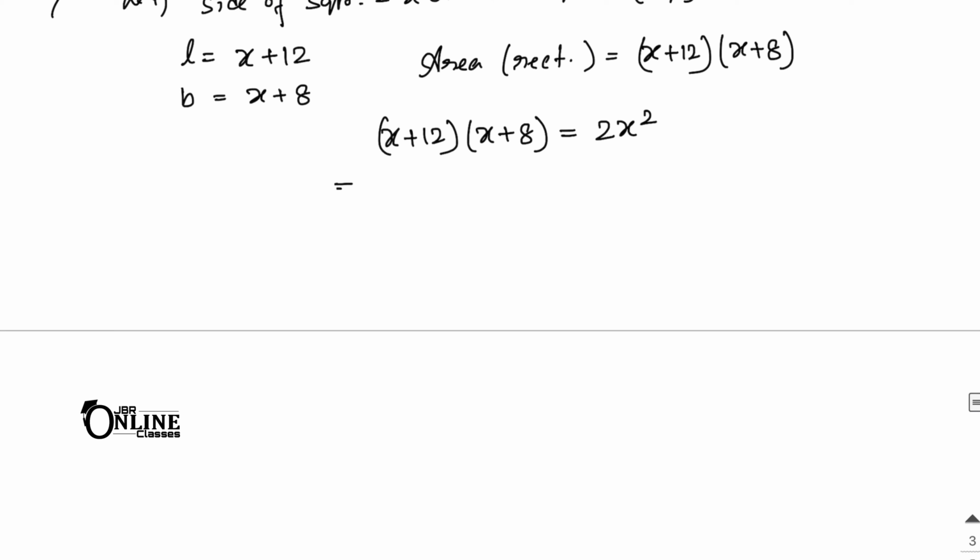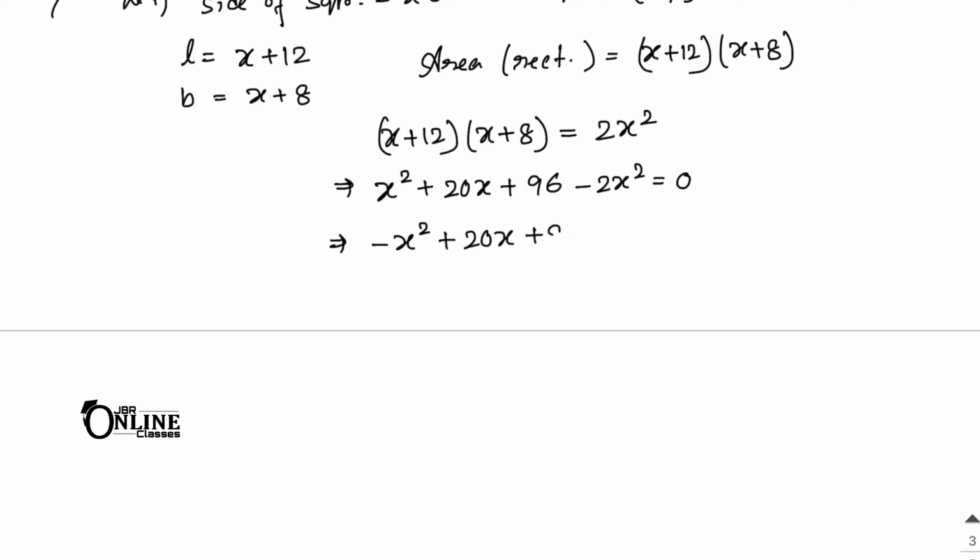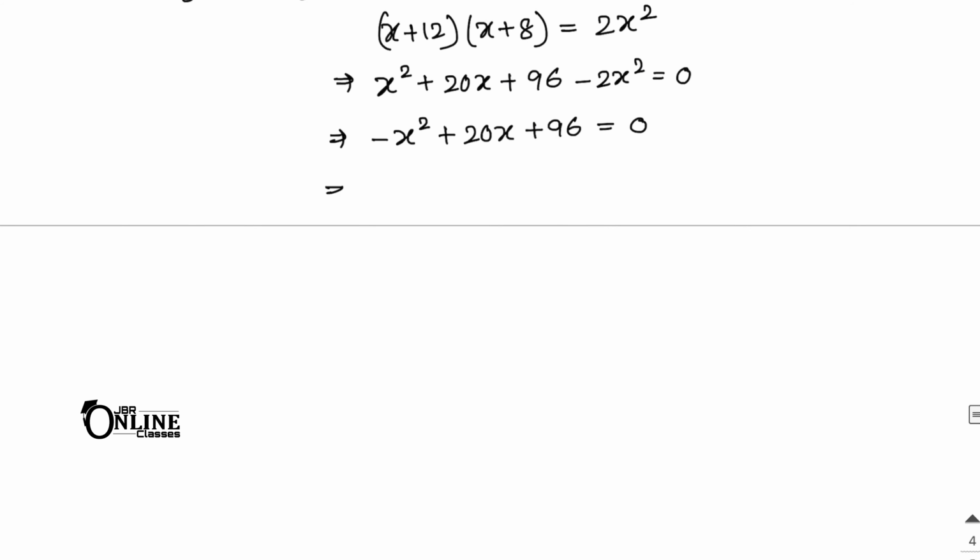So whenever you multiply it, x square plus 20x plus 96 minus 2x square equal to 0. So you can directly write down here minus x square plus 20x plus 96 equal to 0. So finally here x square minus 20x minus 96 equal to 0.